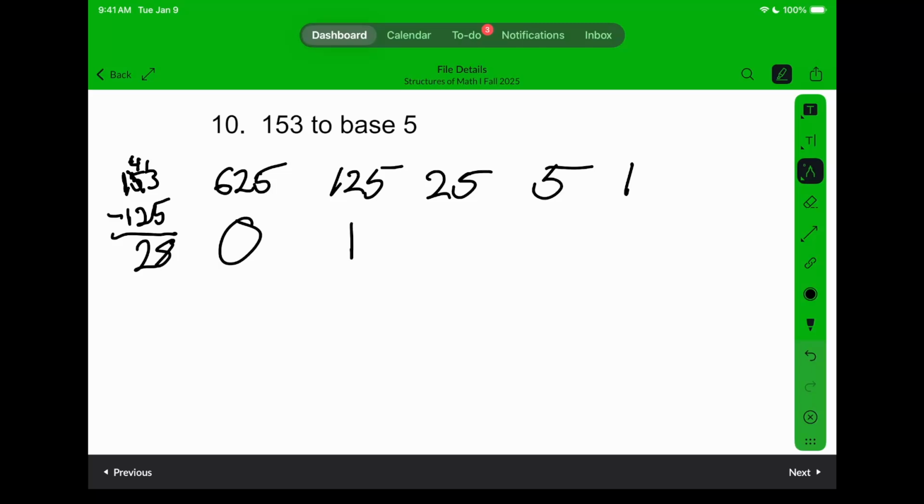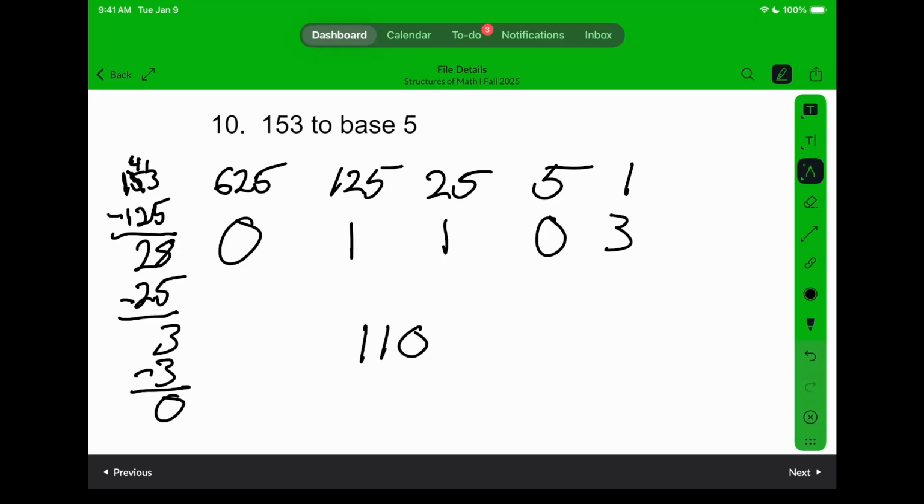Now we're left with 28. 25 can fit into 28 one time. 28 minus 25 is 3. 5 can't fit into 3, but 1 can fit into 3 three times. That would leave us with 0. So 153 to base 5 is 1103 base 5. That is our base 5 number.